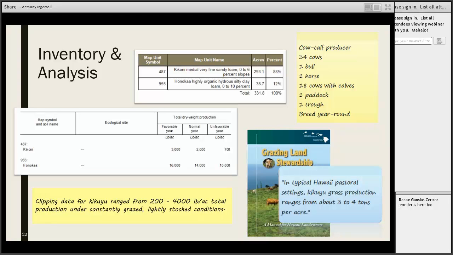Okay. I'm trying to work on a strategy for helping the other islands estimate their forage production, kind of based on similarities to what I know ranges are here. Okay. Yep. Thank you. But the Grazing Land Stewardship Manual has estimates by species, so there's at least something to go off of in there. All right.